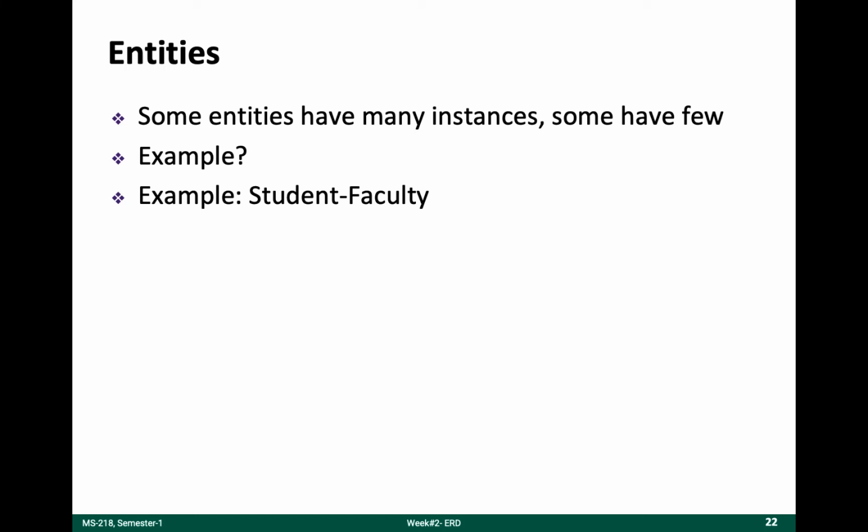Okay, students and faculty. Do you think the number of students at NUIG would be same as number of faculty? Teachers? Obviously no, right? What does it mean? That a student would have more instances than the faculty.